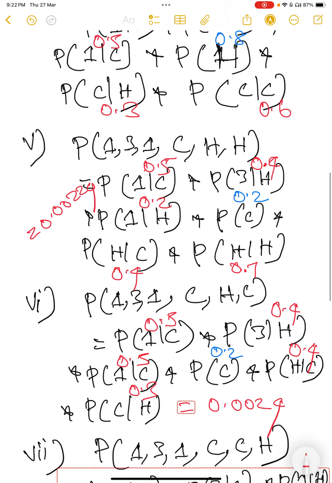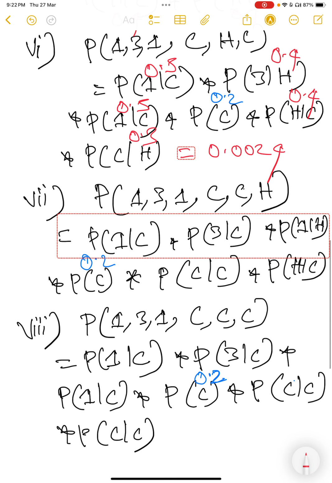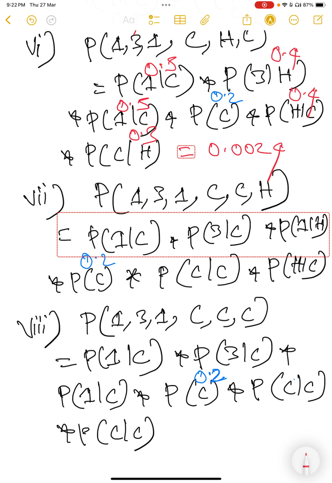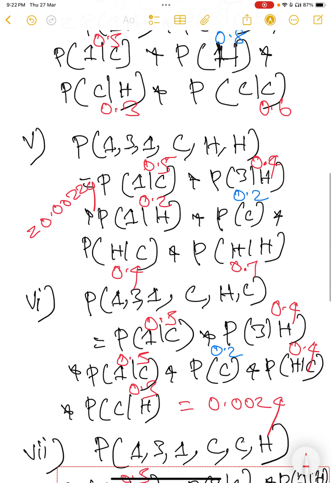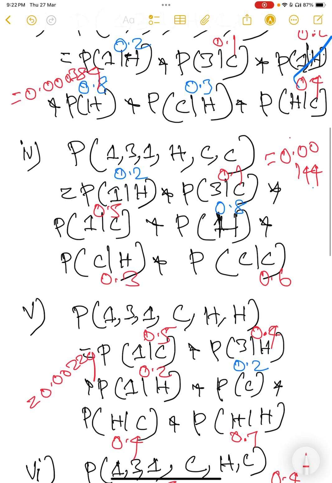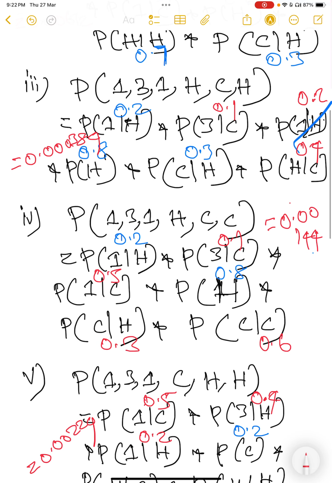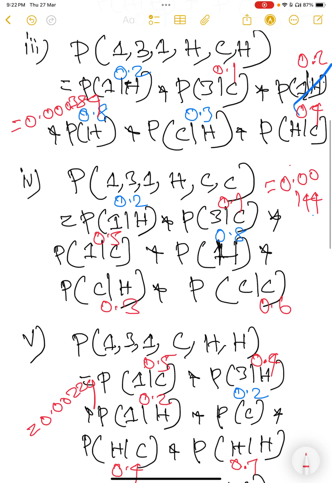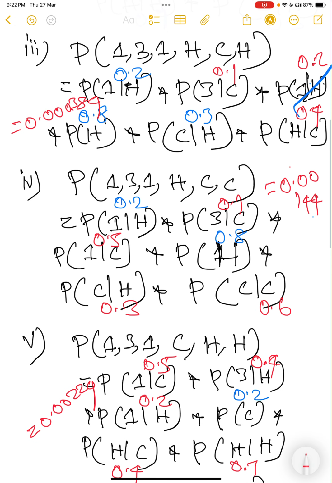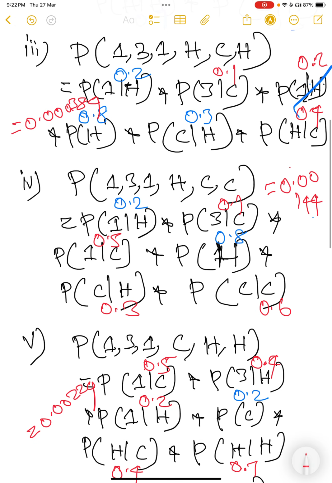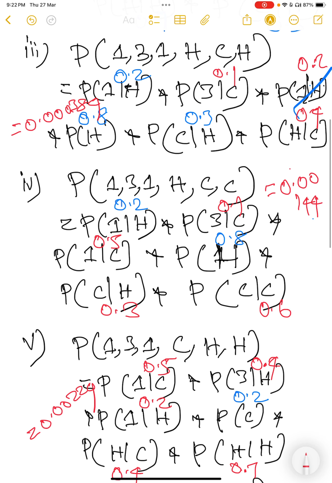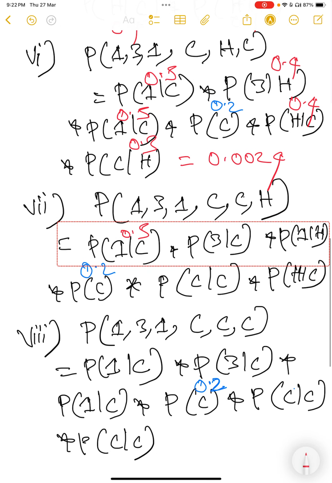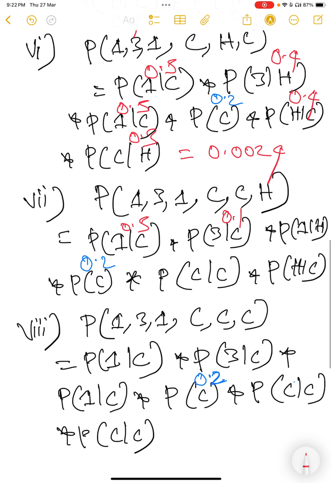So next we'll go for this. 1 given C is again 0.5. 3 given C, what's 3 given C? We've already done it, right? We have got 3 given C is 0.1. 1 given H is 0.2.